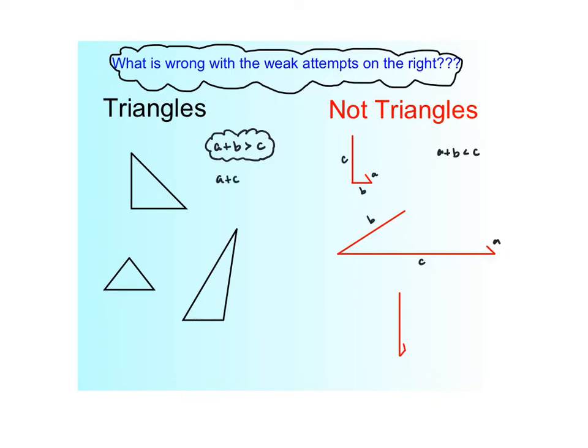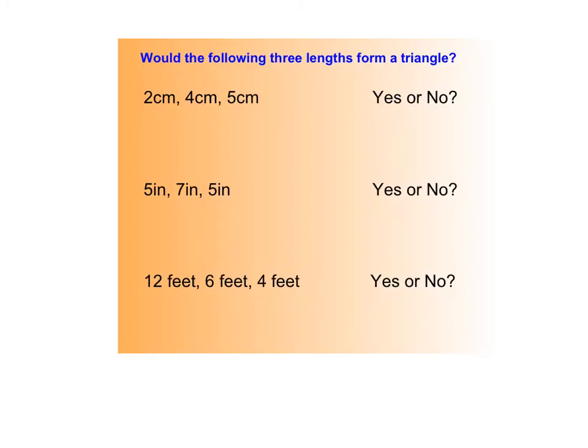So it could be the length of A and C have to add to be greater than B. So the triangle inequality is any 2 sides has to be added to be greater than the third side. And in the examples on the right side, that's not true in any case. So let's look at the next slide and look at a few examples.